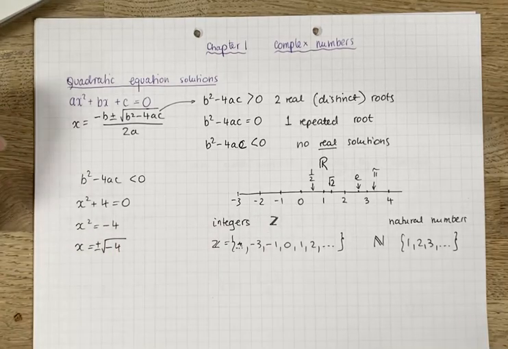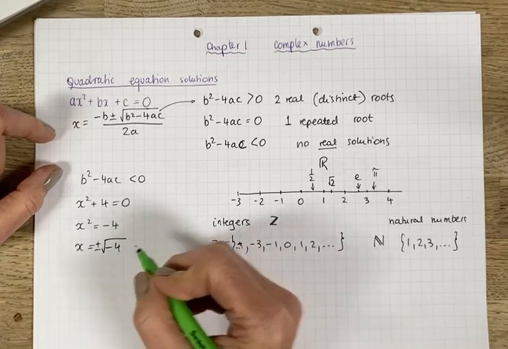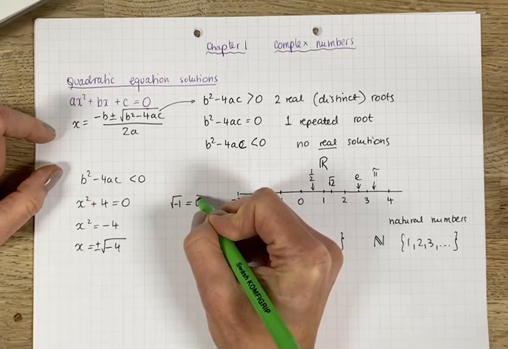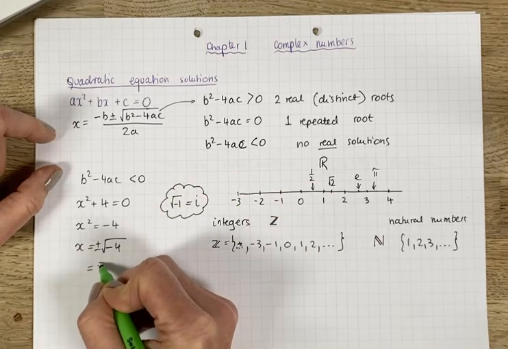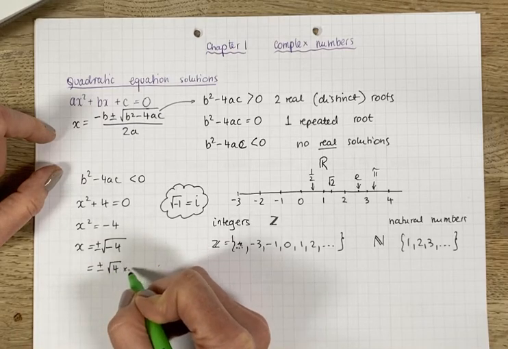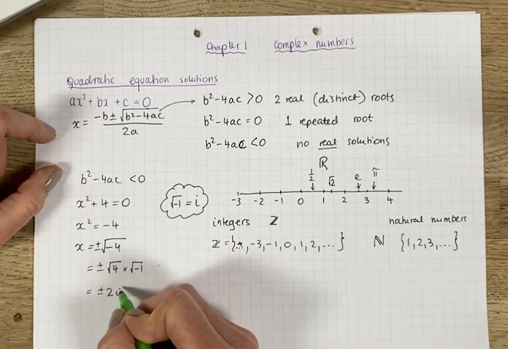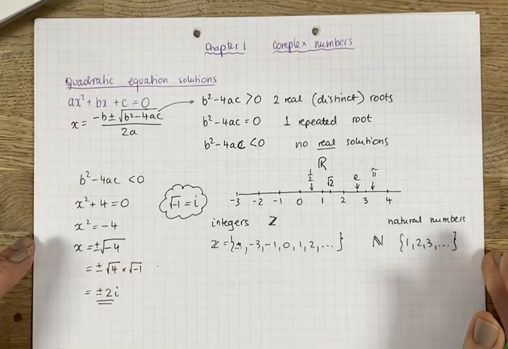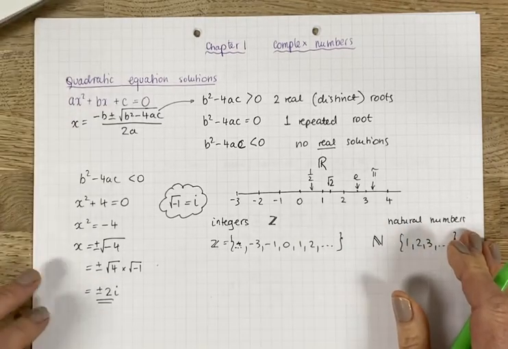Why can't this be a solution to this equation? And then they came up with this idea of rewriting square root of -1 as i. So if you have square root of -4, that would become square root of 4 times square root of -1, so it would be plus or minus 2i. So from then on, it became possible to find solutions to quadratic equations with no real solutions.